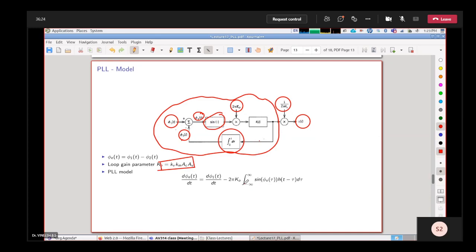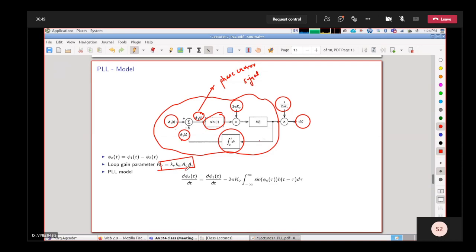Okay. So we can now think about how to relate the signals that are there in the loop. We will try to write down the equation which tells us how this phase error signal phi e of t behaves.